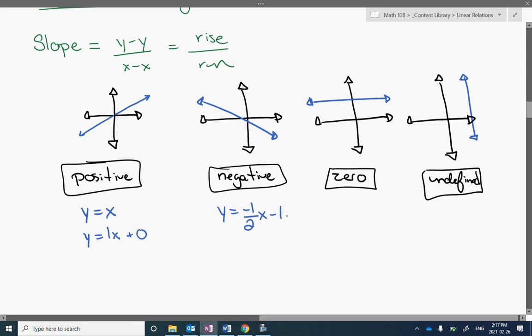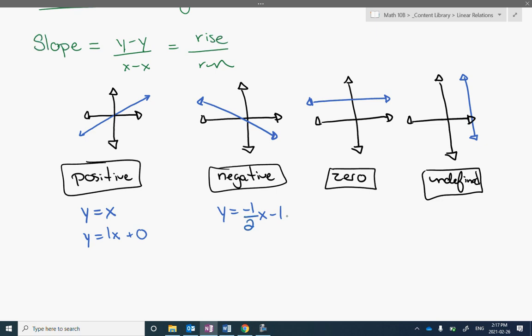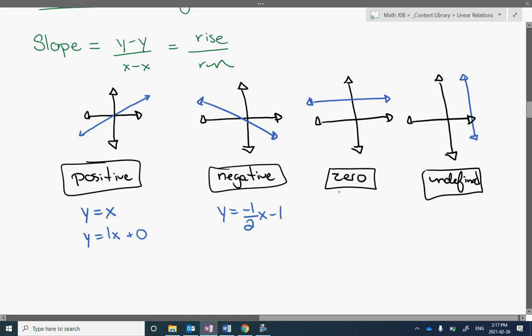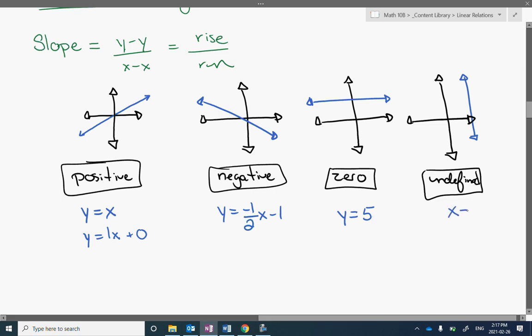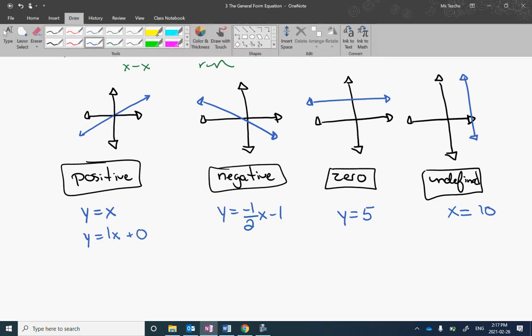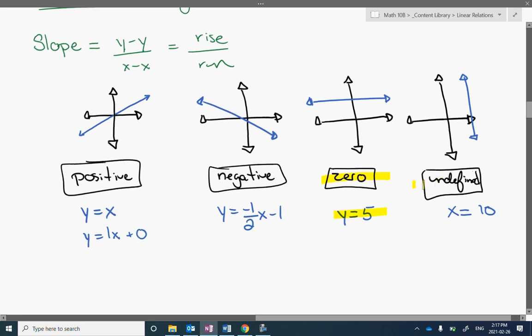Third equation, to describe a horizontal line, it's always just going to be like y equals 5, or however high up or how far down your equation is. A vertical line you describe using x equals. So for me, mine's fairly far right, so I'm going to say x equals 10. These last 2 are the most common that you are likely to forget.